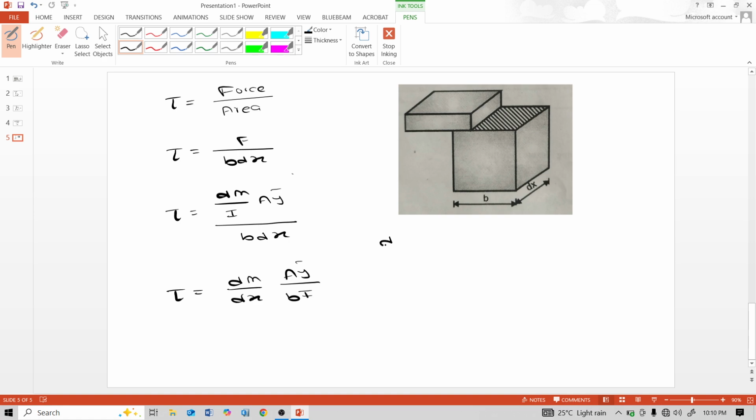Here, dM upon dx is the rate of change of moment with respect to distance x. That is nothing but the shear force.